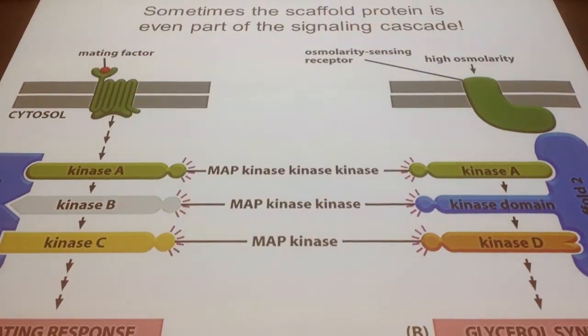And sometimes scaffolding also allows for not a whole reaction, but for multiple activities to occur, so not necessarily a pathway, right? But sometimes in order to undergo glycerol synthesis, multiple activities have to occur at the same time, right?